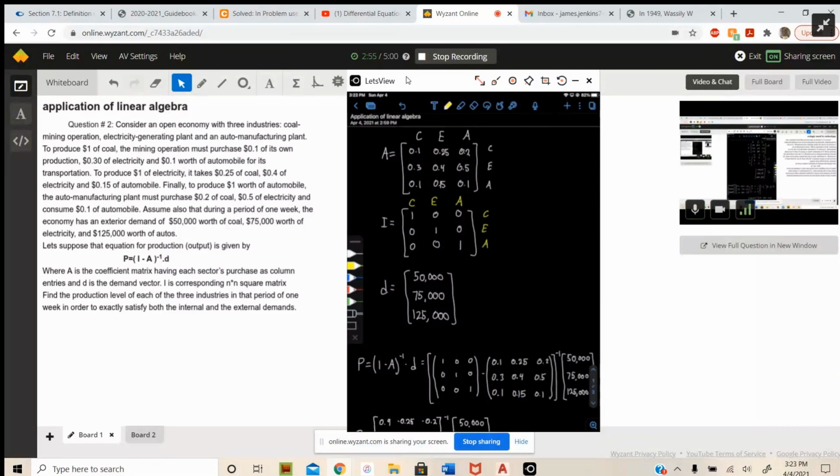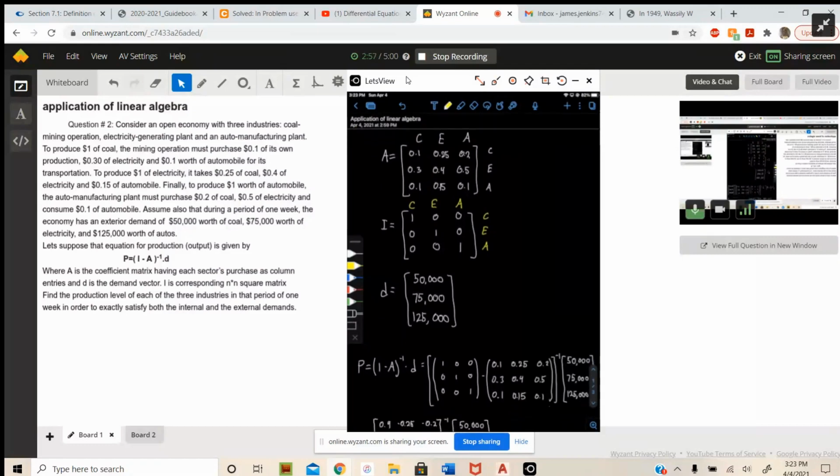Now we move on to the demand matrix. The external demand in 1 week is $50,000 of coal, $75,000 of electricity, and $125,000 of automobile. So it's going to be a 3-by-1 matrix, where the entries are coal, electricity, and automobile.